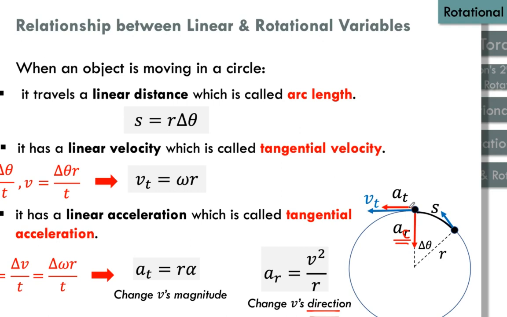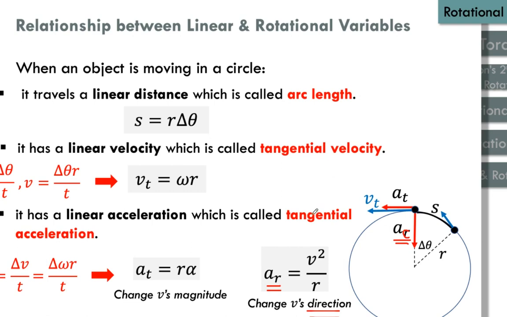The net force is always pointing towards the center of the circle, so our velocity is going to change direction in that same center-seeking direction. So our radial or centripetal acceleration is responsible for the change in our tangential velocity's direction.